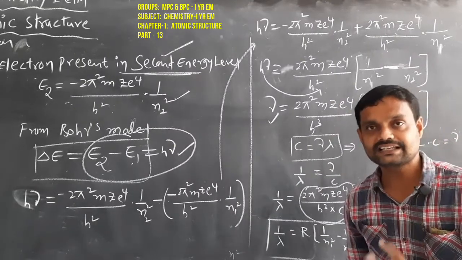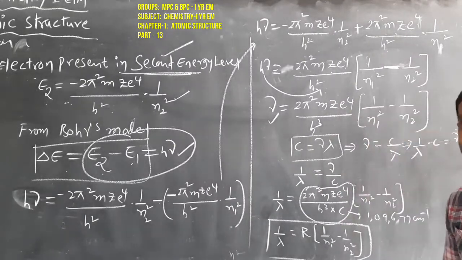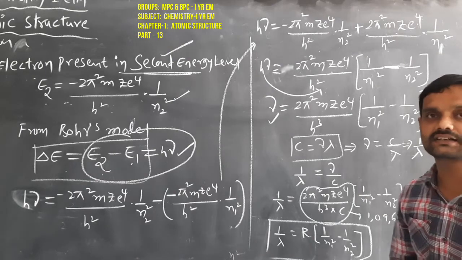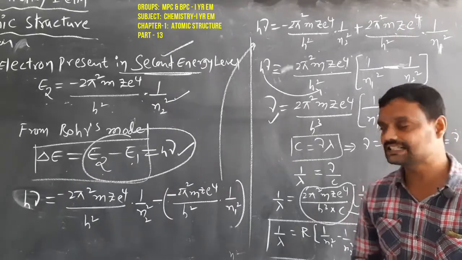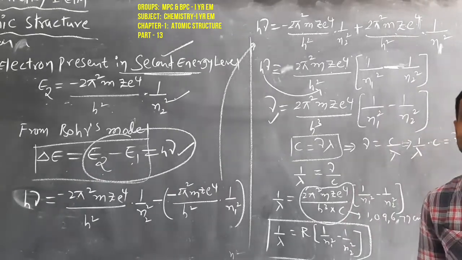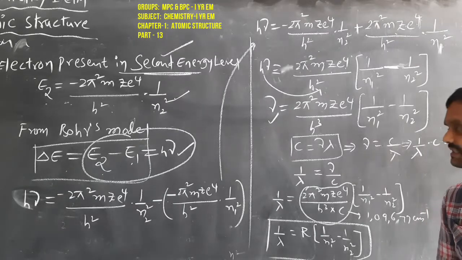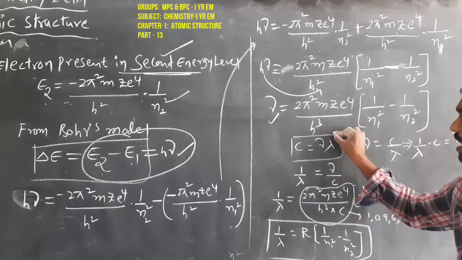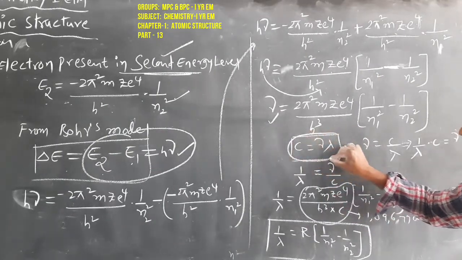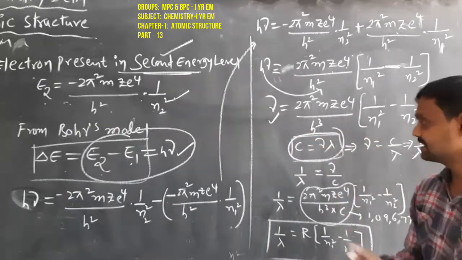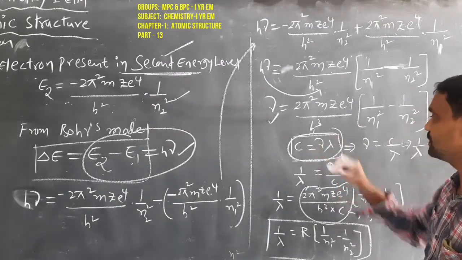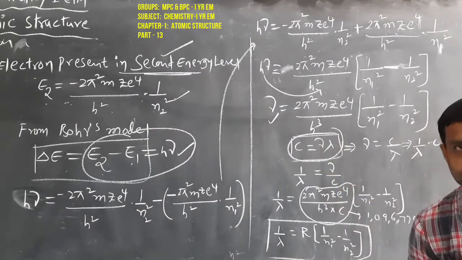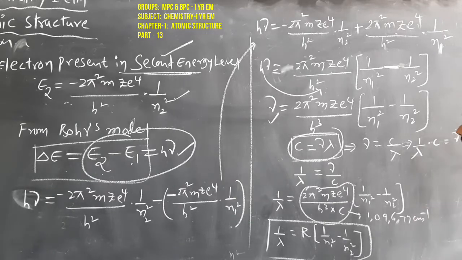Previously in this chapter we observed the relation between the wave characteristics, that is the wavelength and frequency, and velocity c or v, that is c is equal to nu lambda. We have already studied this relation between frequency, wavelength and velocity.